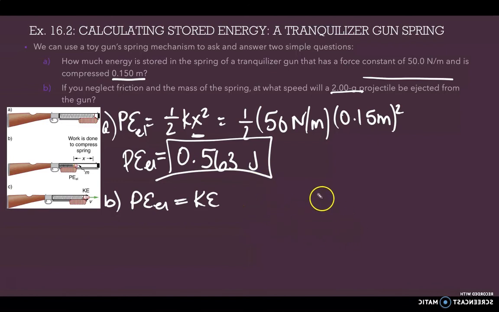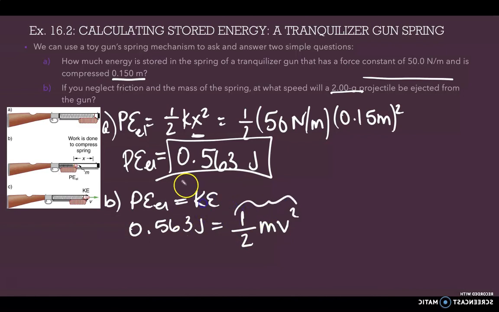So this means that this number, 0.563 joules, is equal to that 1/2 mv squared. Remember, we learned that this is the kinetic energy. Okay, so our velocity then is going to be 0.563 joules times 2 divided by our mass, which was given as 2 grams.